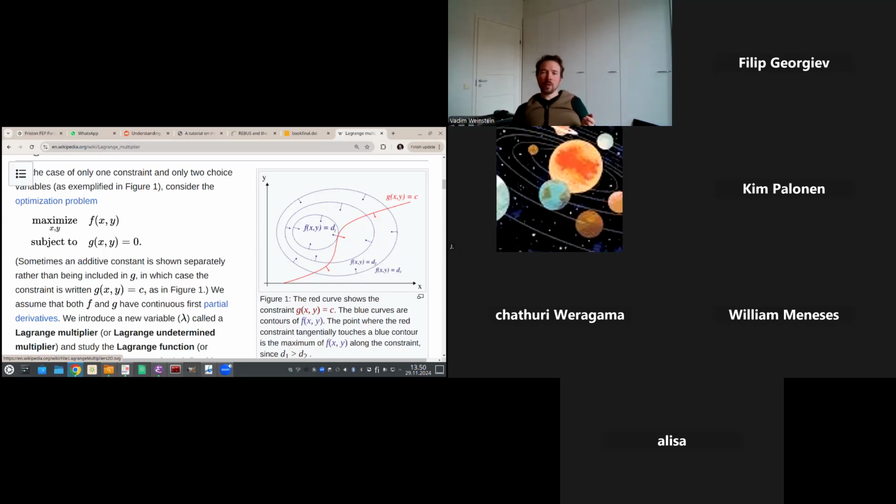Only in a point where the gradient of f aligns with the normal of g does going along the curve not increase or decrease f, because normal means it's perpendicular.